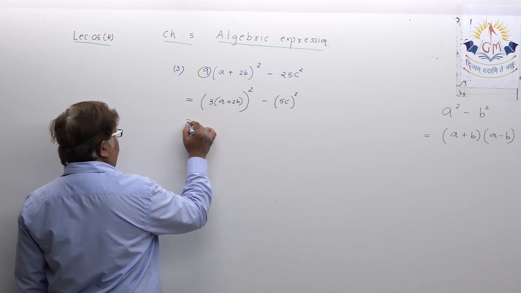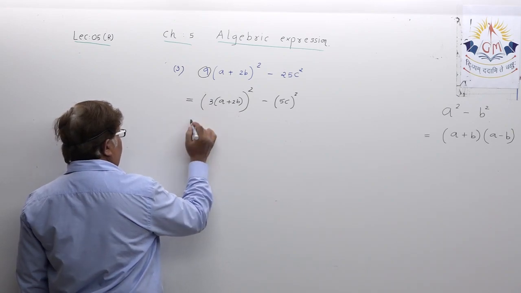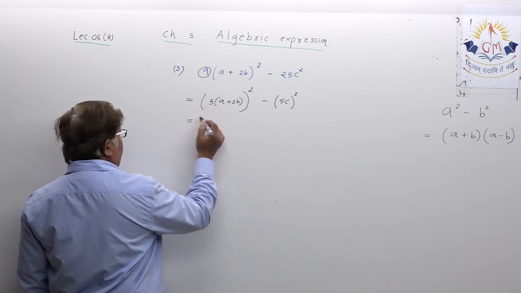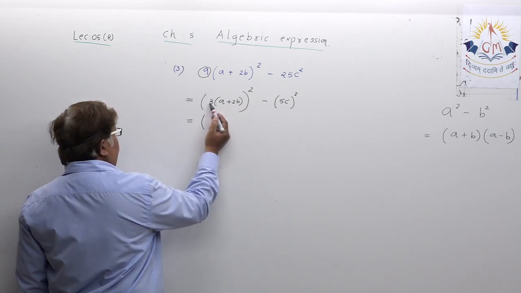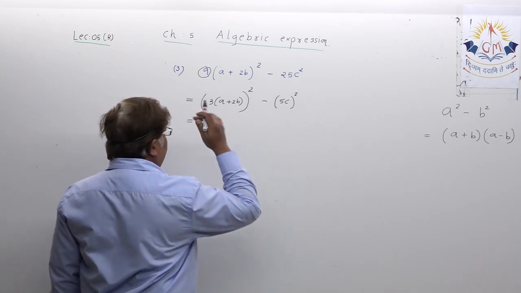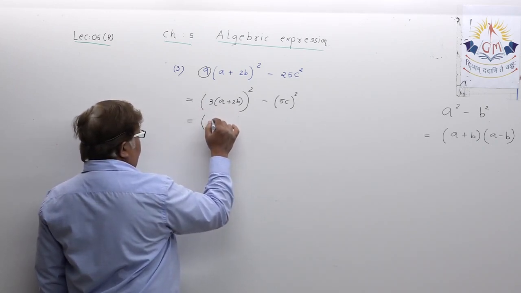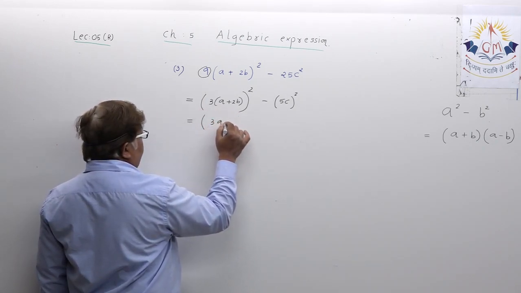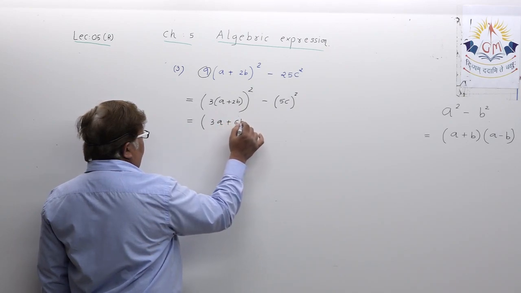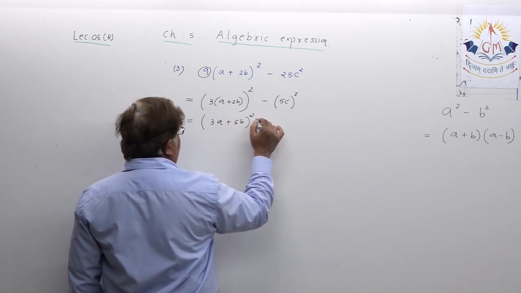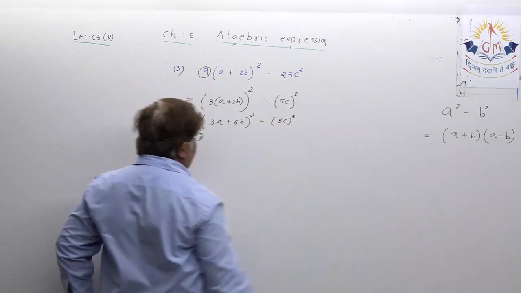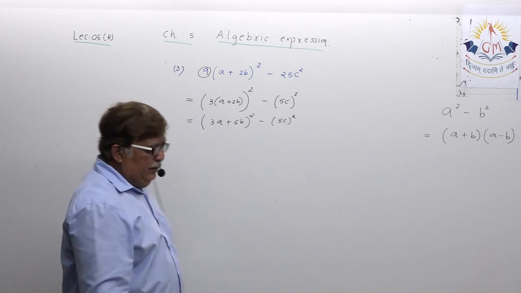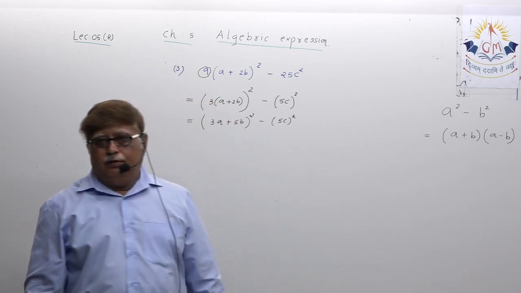Now, dear student, what you have to do is this. Open the bracket here. This is 3a plus 6b whole square minus 5c whole square.